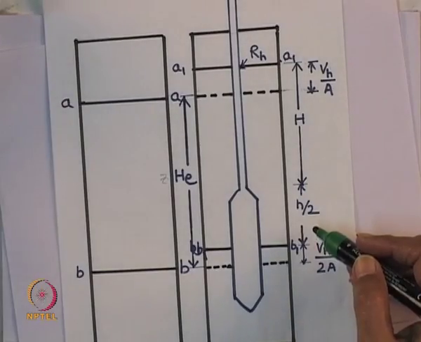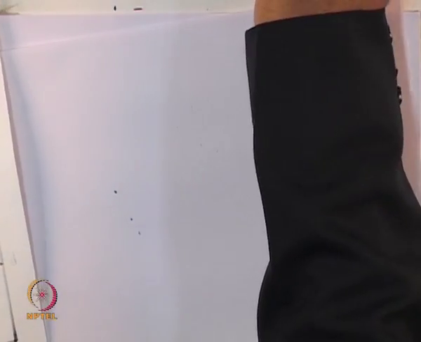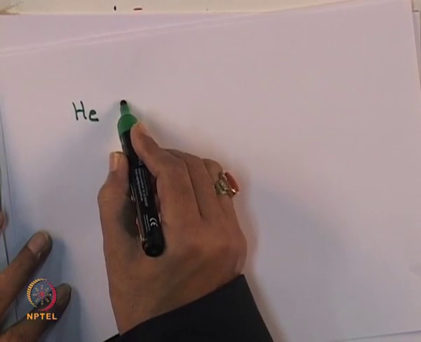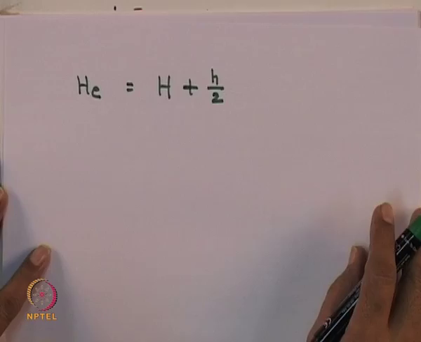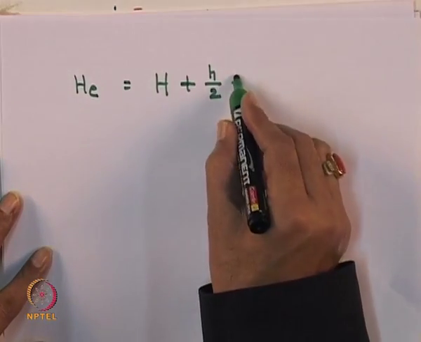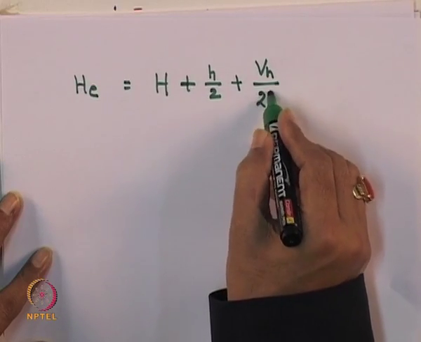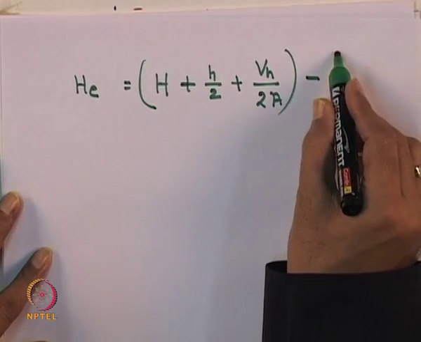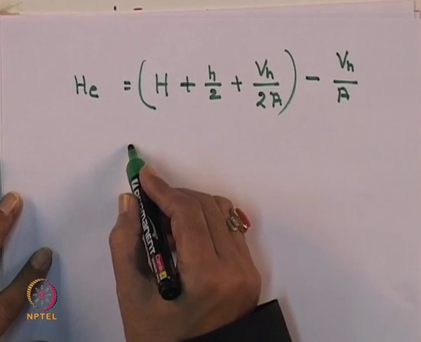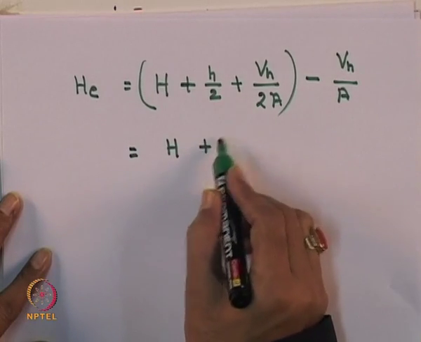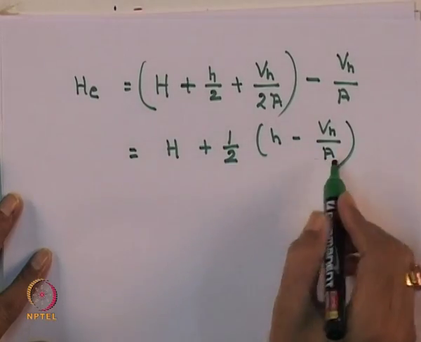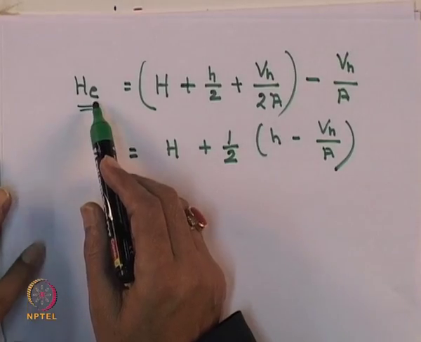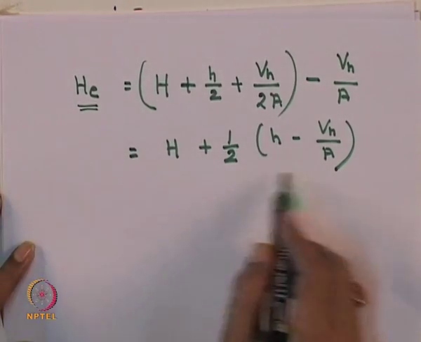So what we can write from here is that HE will be equal to H plus H by 2 plus VH divided by 2A, minus VH divided by A. That means this will be H plus half of H minus VH divided by A. So you can calculate the effective depth HE with this equation.